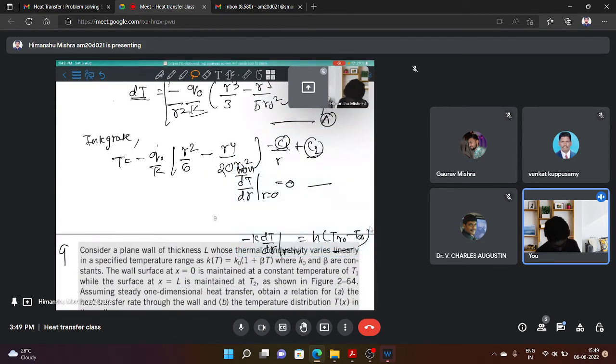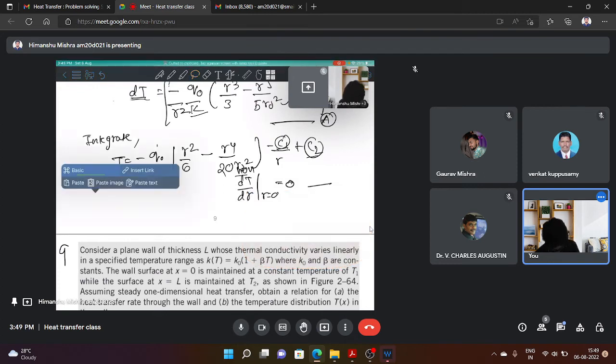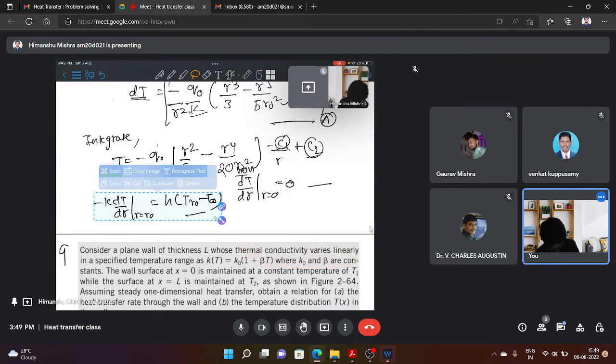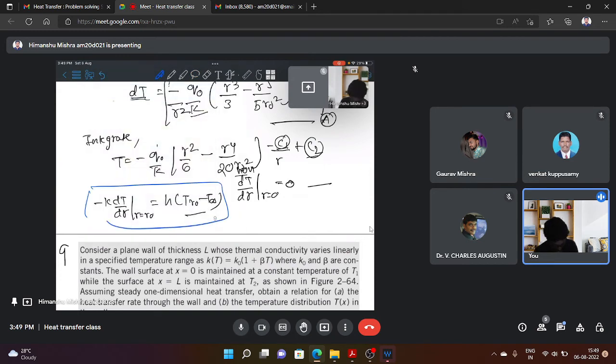So by using, let me write this. So this is my boundary condition and this is my boundary condition. I use these two boundary conditions to evaluate C1 and C2.